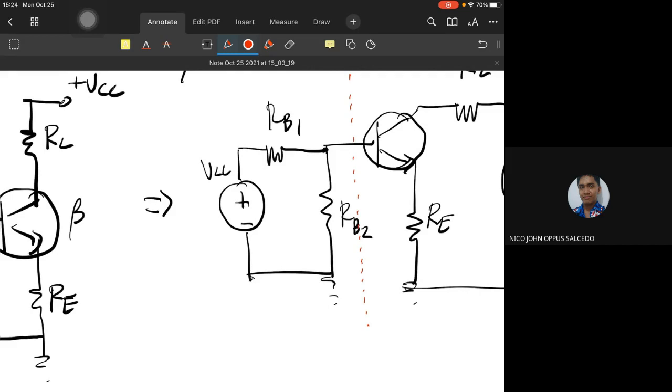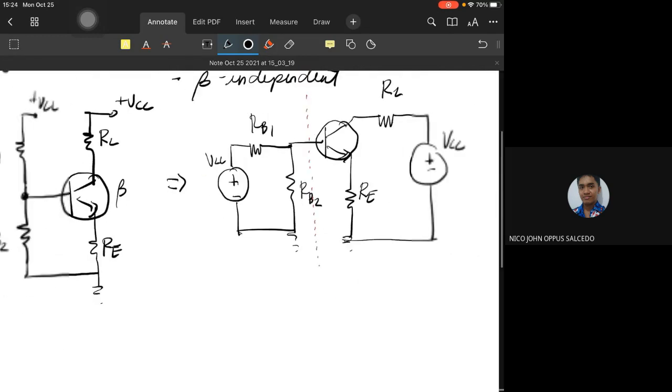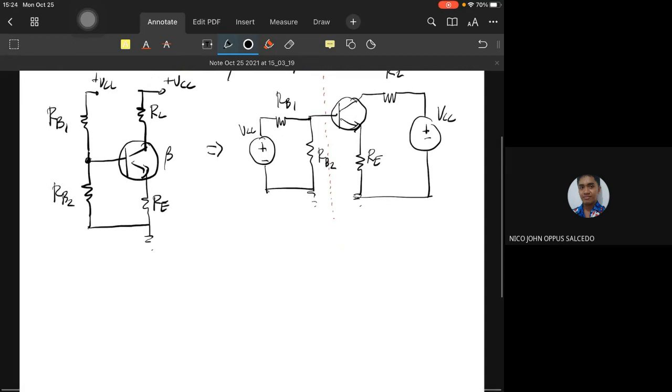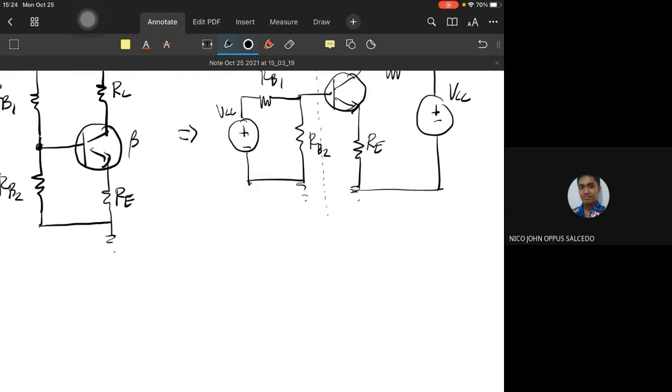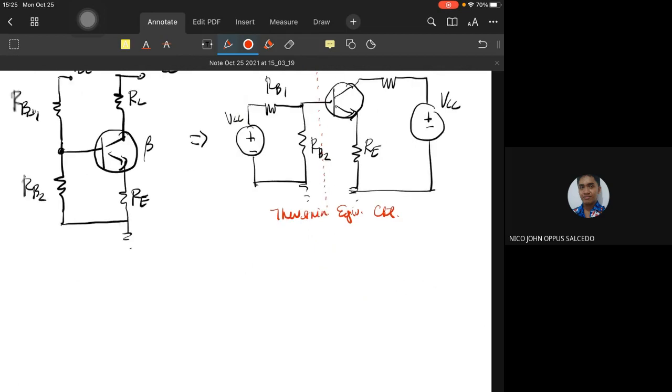That's why it's called voltage divider bias, because natay voltage divider circuit right here. Okay? So what we do is convert the left part of our circuit to its Thevenin equivalent circuit. Familiar? Thevenin? No, naa man na siya sa Circuits 1 ninyo.